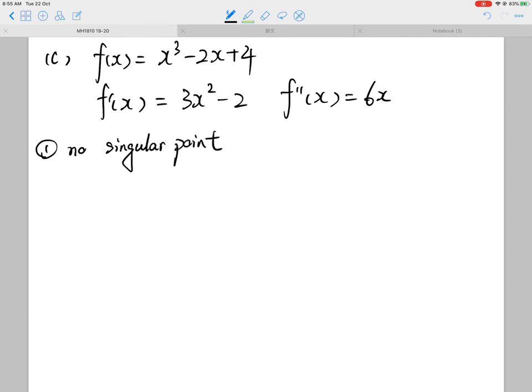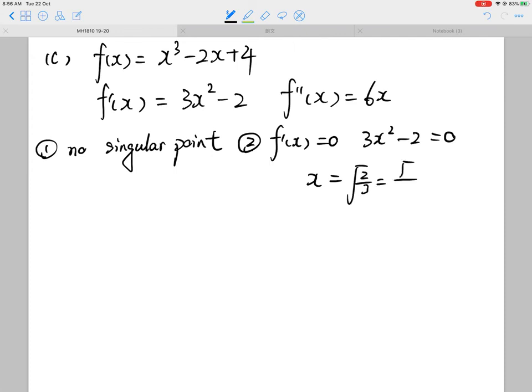And what about the stationary point? You just let the derivative equal 0, which means this equals 0, so x is square root 2 over 3, which is square root of 6 over 3. Positive or negative?